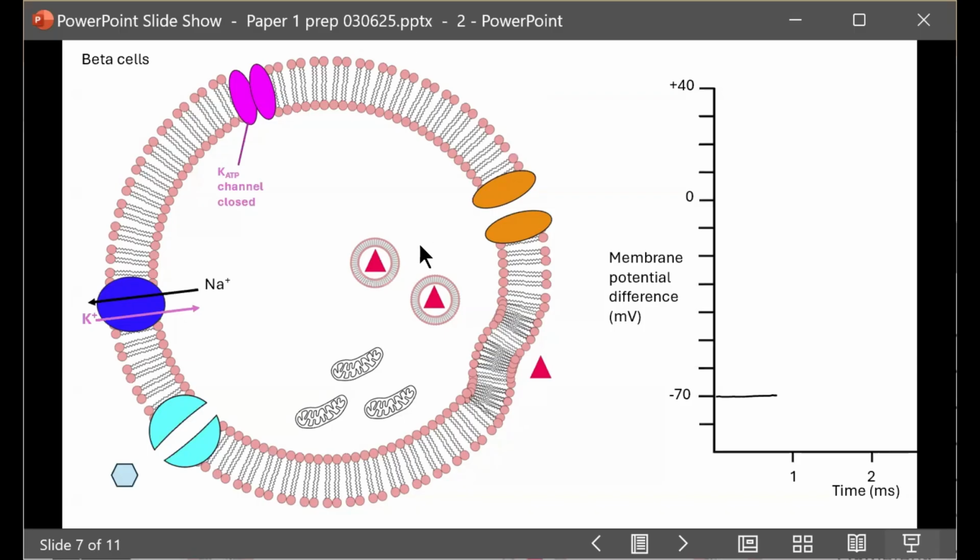So what happens in the beta cells is if there is a high glucose concentration, that glucose can move across the membrane because it has a channel in there, facilitated diffusion. The glucose has diffused from a high concentration to a lower concentration. That glucose is then broken down, glycolysis.